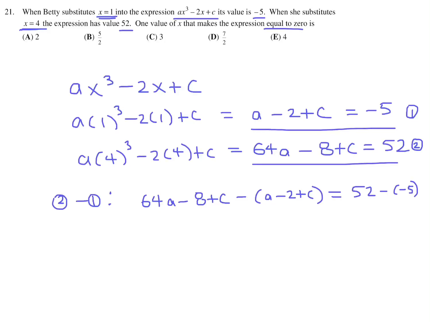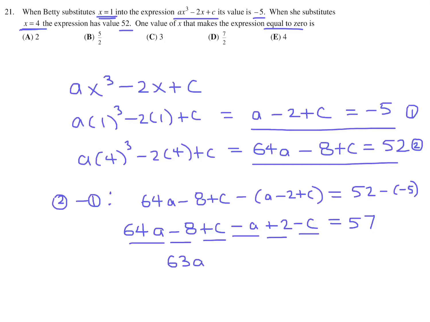All right, so this becomes 64a minus 8 plus c minus a plus 2 minus c is equal to 57. So 64 minus a looks like 63a. The c's cancel, and then we have minus 8 plus 2, which is minus 6, is equal to 57. So 63a, if you add 6 to both sides, you will get 63, and therefore a is equal to 1.